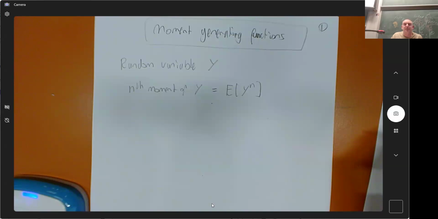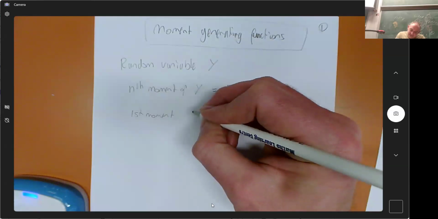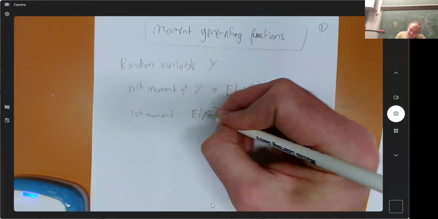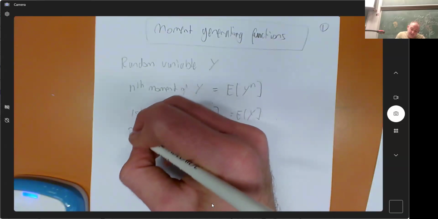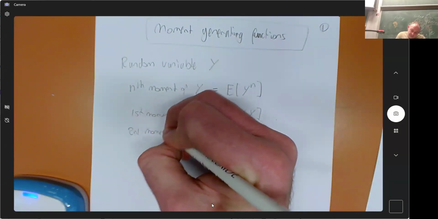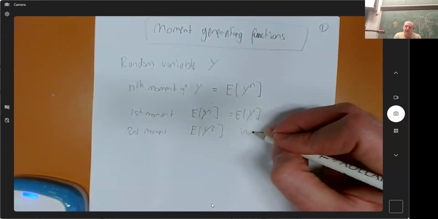Well, the first moment is the expected value, which is the expected value of Y to the 1, just the expected value of Y. And the second moment is the expected value of Y squared, which is involved in the variance.